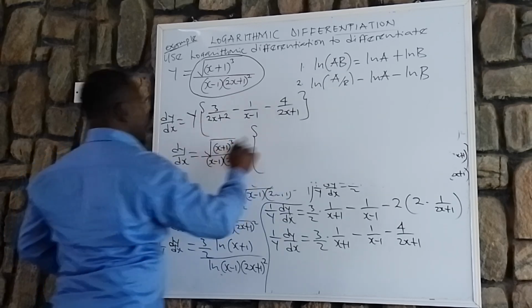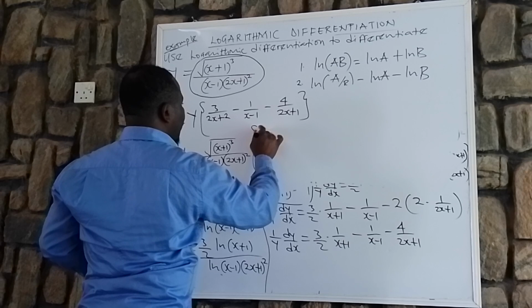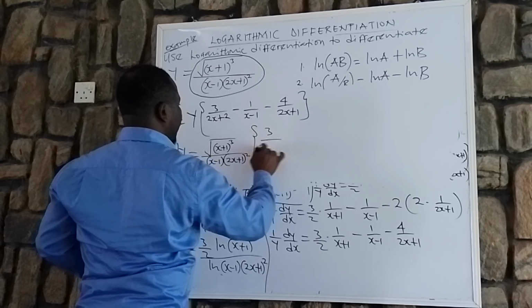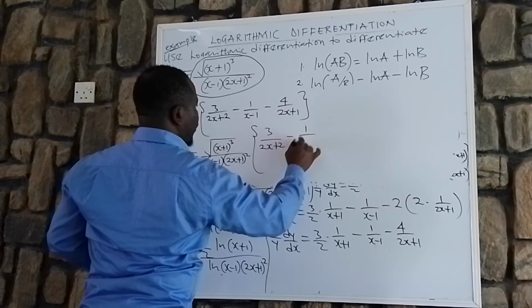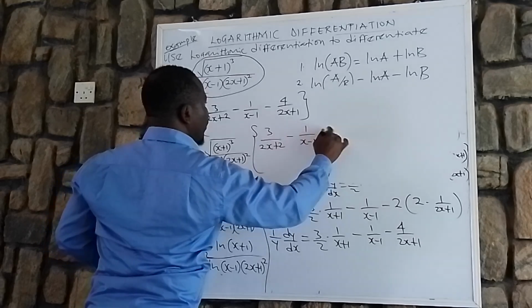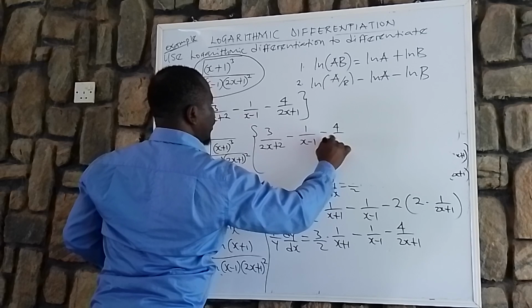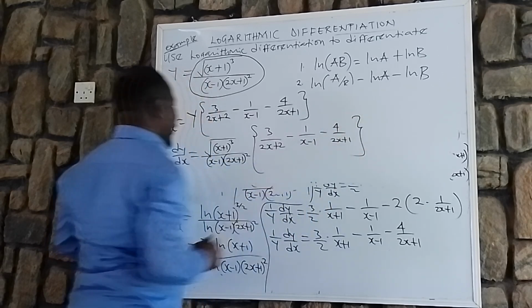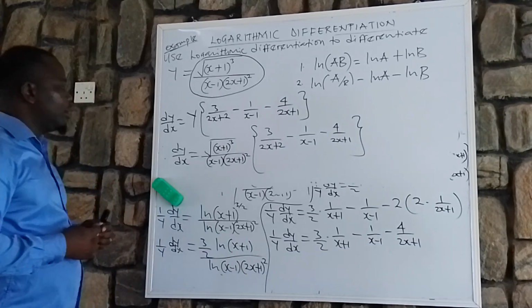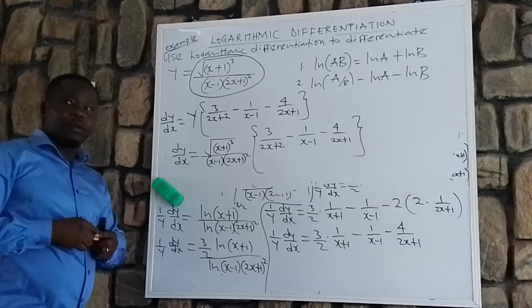Then we write out this one: open bracket 3 over 2x plus 2 minus 1 over x minus 1 minus 4 over 2x plus 1. This is your final answer. Any question? No question? Thank you and God bless you.